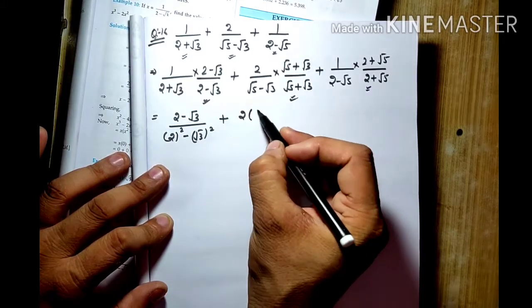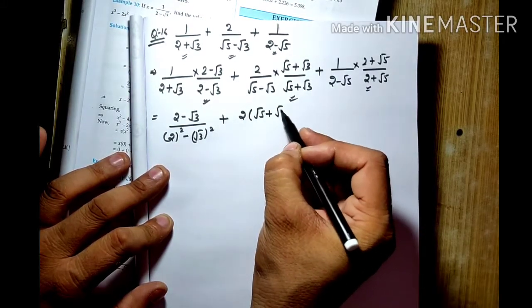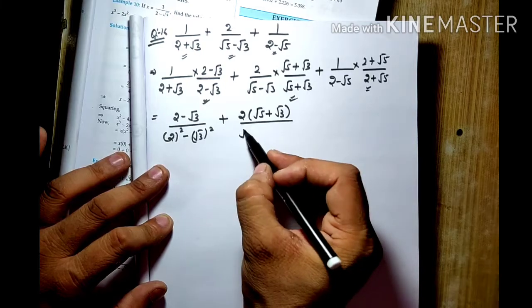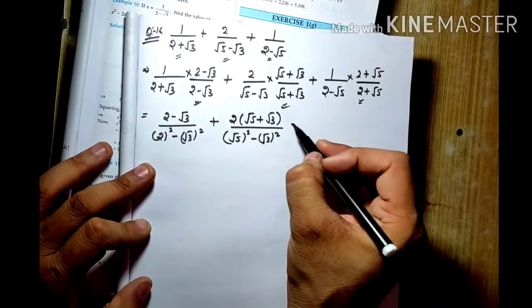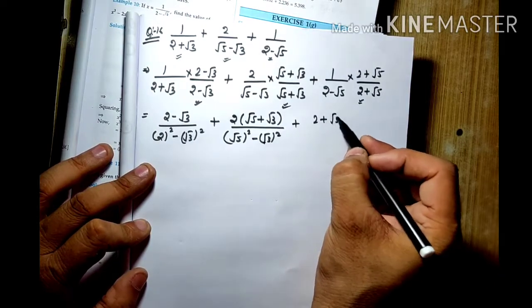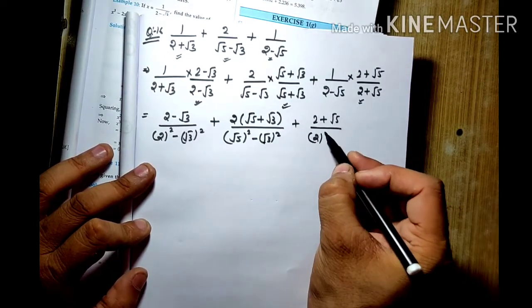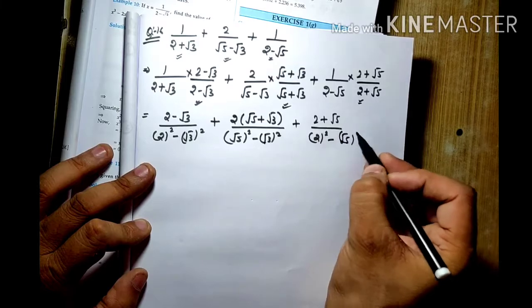Here 2 into root 5 plus root 3 upon root 5 square minus root 3 square, and here 2 plus root 5 upon 2 square minus root 5 square.